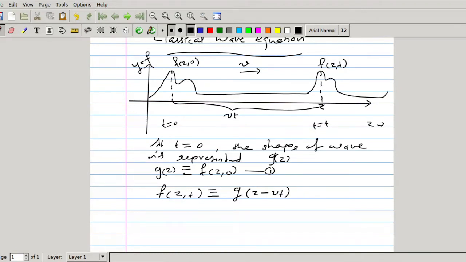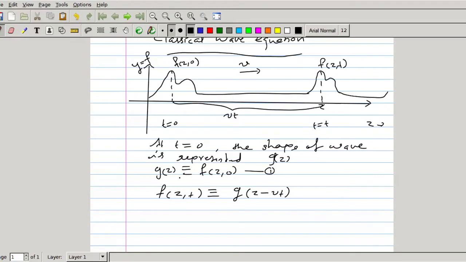So at this point the wave shape will be the same as g(z minus vt), since the wave is moving through a distance vt during time t. So the function f(z, t) will be equal to g(z minus vt).